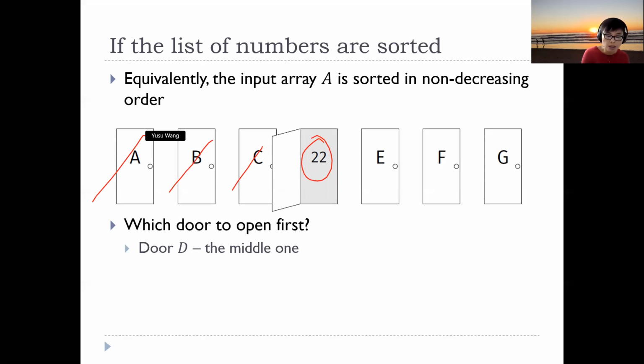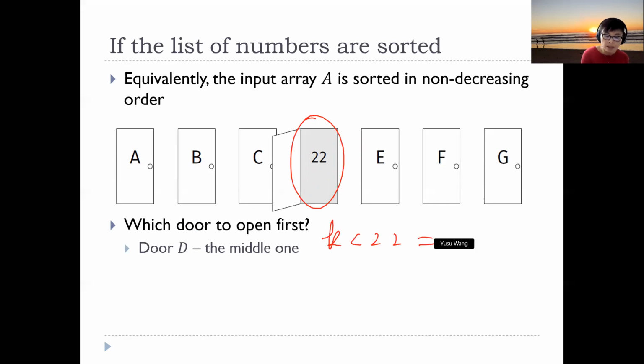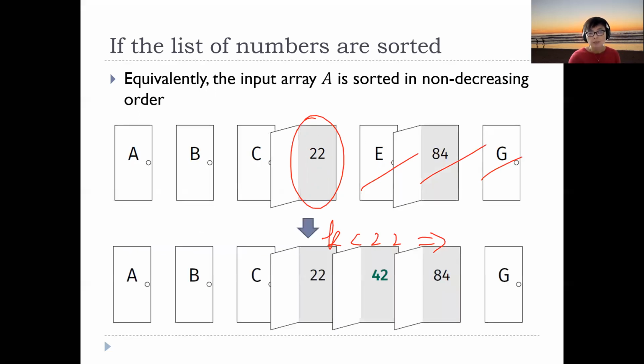If the key is smaller than 22, then we can eliminate everybody to the right and only go to the left. In this case, we're looking for 42, which is bigger than 22, so we go to the right.